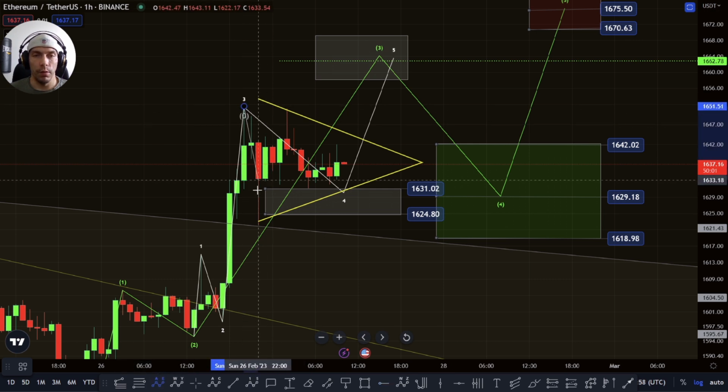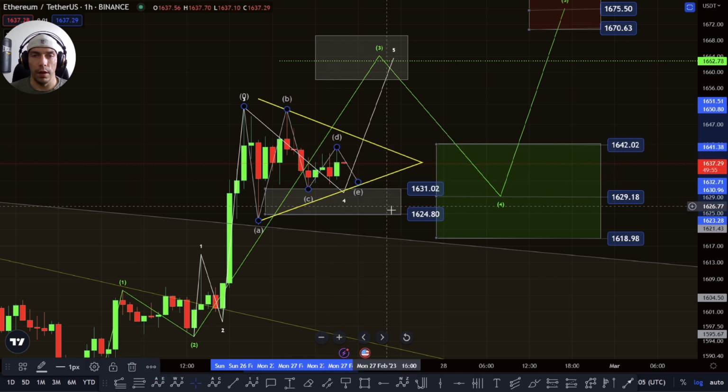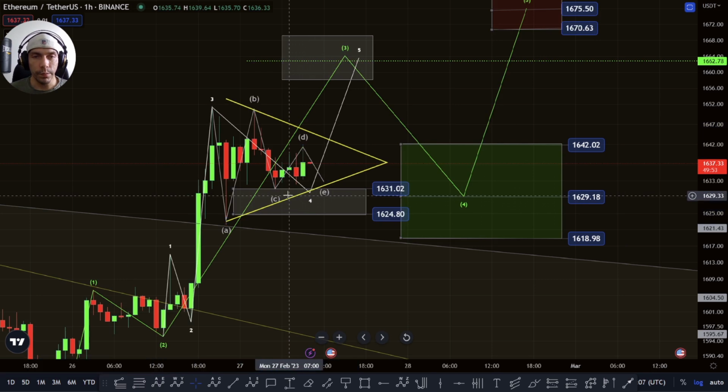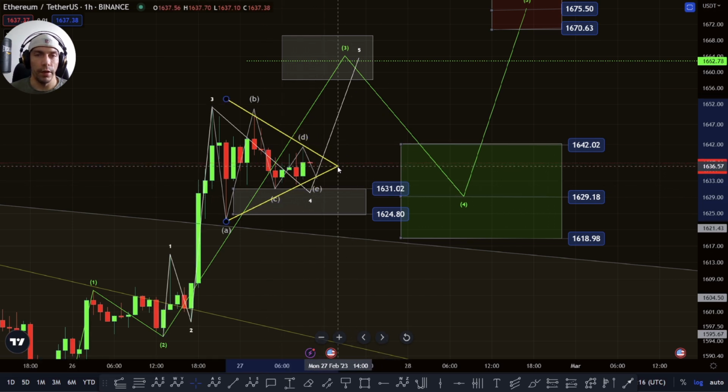But like I said, we could argue there's A, B, C, then D and E, something like this. But if we break down below the 1630 range, that would invalidate this possibility of having this triangle in the smaller case like this.